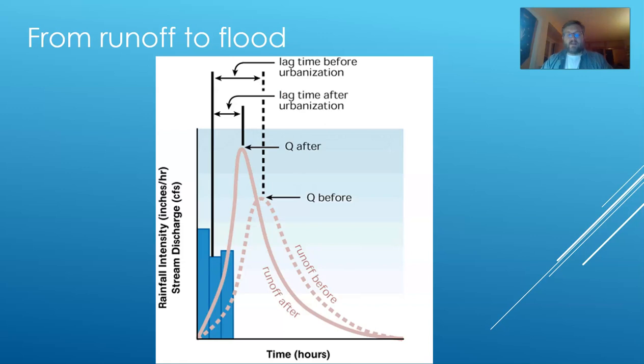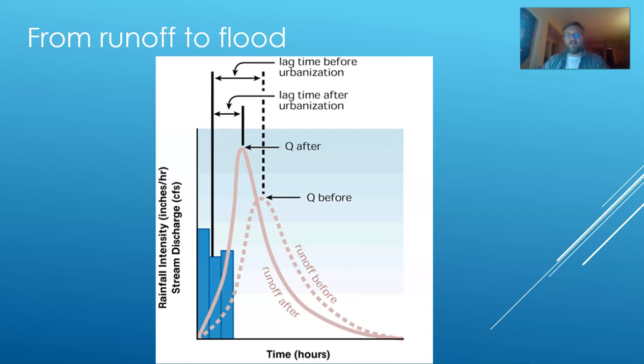So what you're seeing on this graph, the bars represent a period of rainfall. So we get a whole bunch of rain falling for a while, and then the pinkish lines there represent the stream discharge at whatever point we're measuring it. And this is over this period of time.